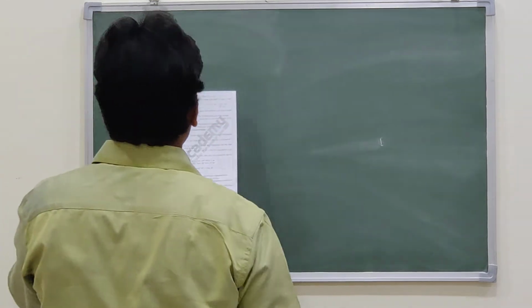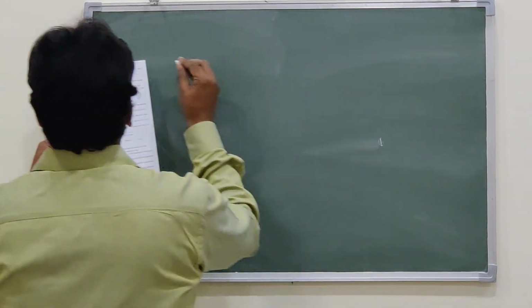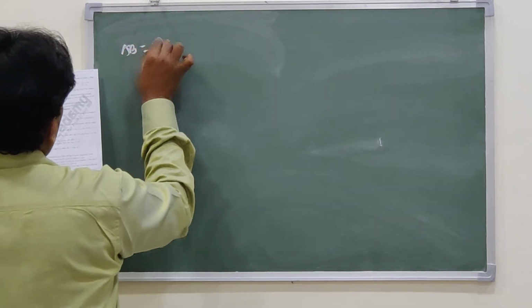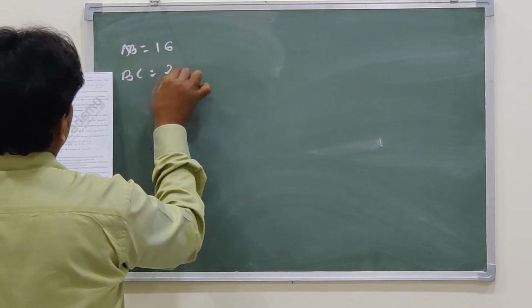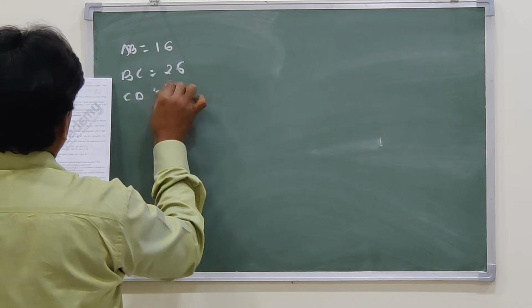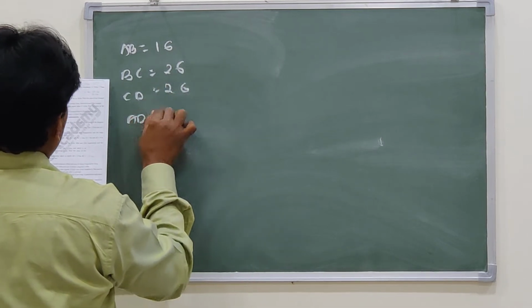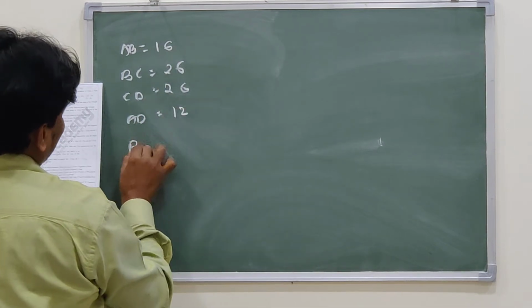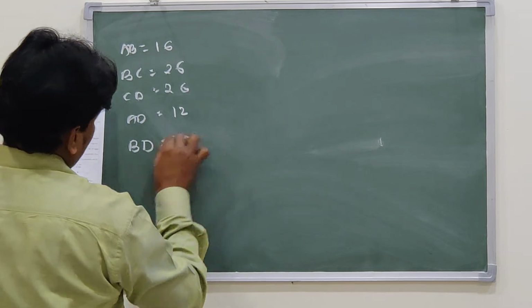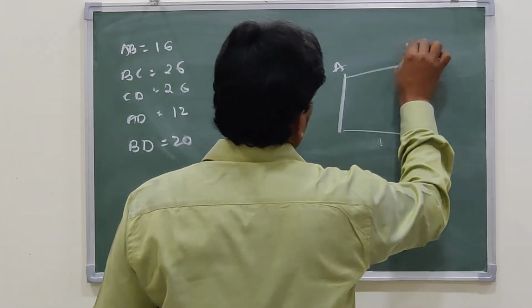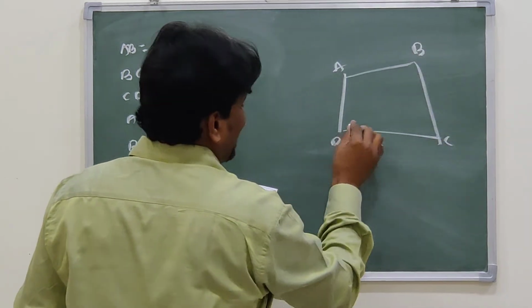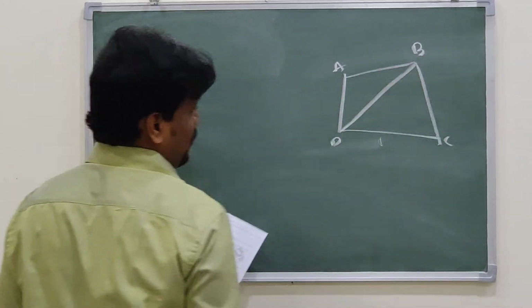In question number 29, they have given sides as AB as 16, BC as 26, CD as 26, AD as 12, and diagonal BD as 20. Let's make a quadrilateral. This is your ABCD, and they have joined BD as the diagonal.